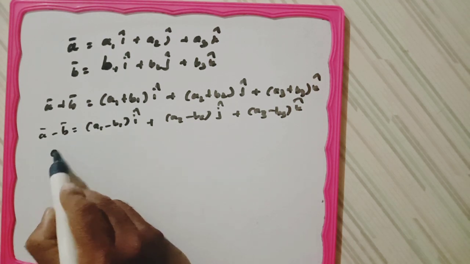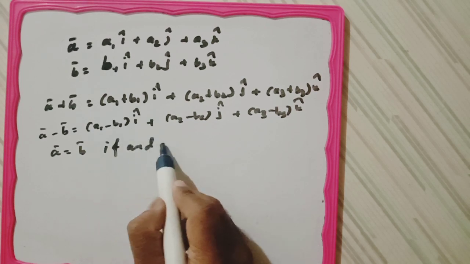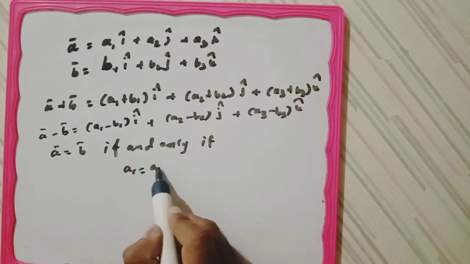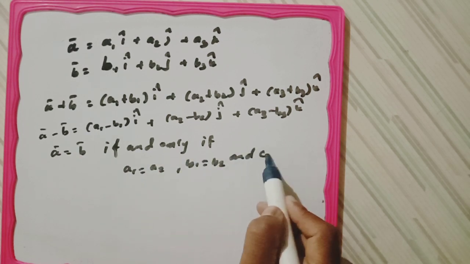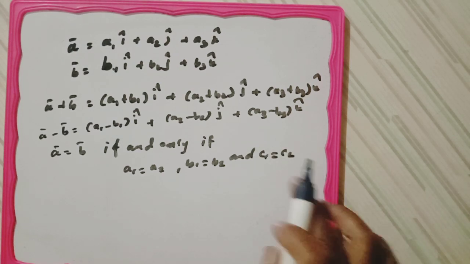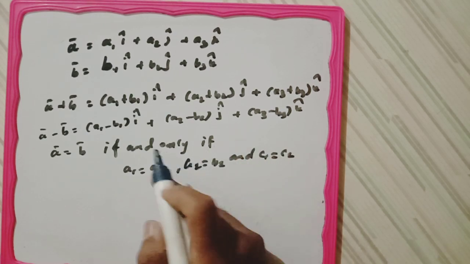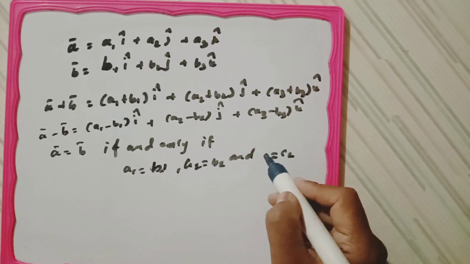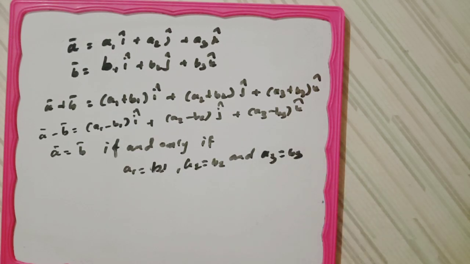Also a bar equals b bar if and only if a1 equals b1, a2 equals b2 and a3 equals b3.